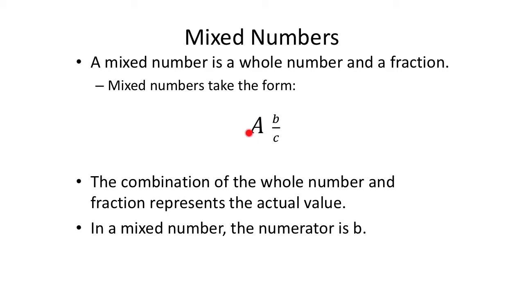That way, the whole number here, which is the big number, is not mixed up with the numerator or denominator. So the fraction still takes these two terms, numerator and denominator, but they include a whole number. But the entire whole number and fraction together combined represent the entire value or the actual value of the mixed number.